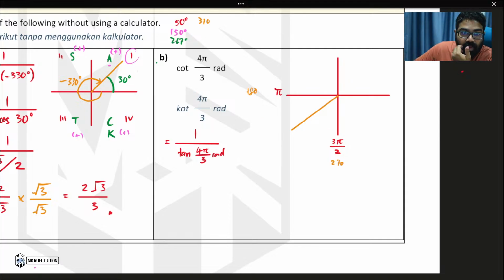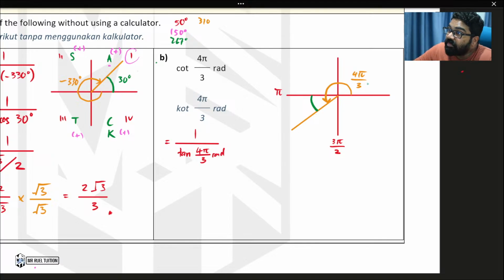Okay, that's fine. So this is 4 pi over 3. What is the alpha? 180 is what? Pi, isn't it? 180 is pi. So if I want the alpha, this angle minus pi, correct?